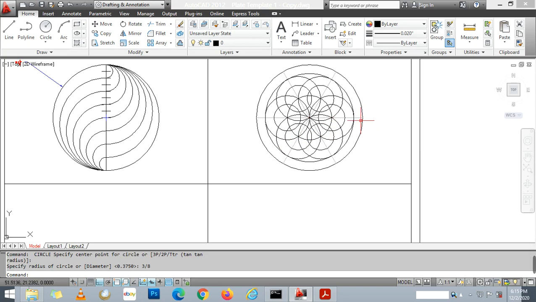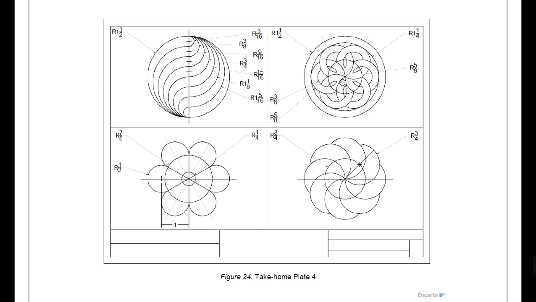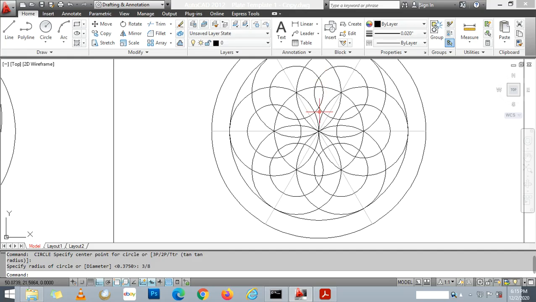Maybe you can first draw those circles lightly. Then you just erase some of the portion of the circles. So here we have this boundary up to this.